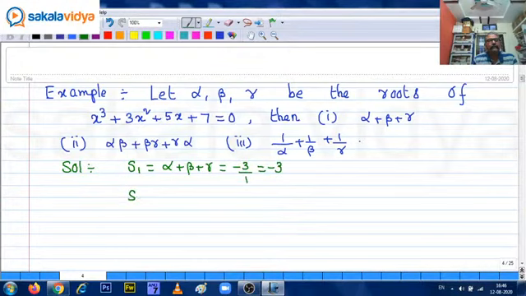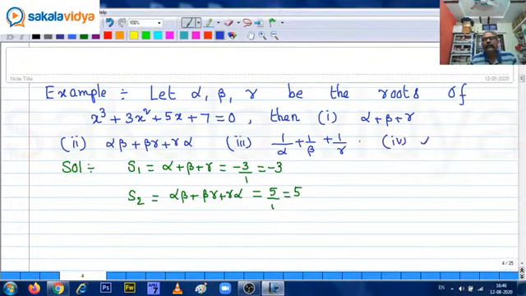Now S2 is equal to alpha beta plus beta gamma plus gamma alpha. That is the x coefficient by the x cube coefficient, 5 by 1, 5. Now S3 also write down, that is no problem. Let us find out one more value, the fourth value, alpha beta gamma also.